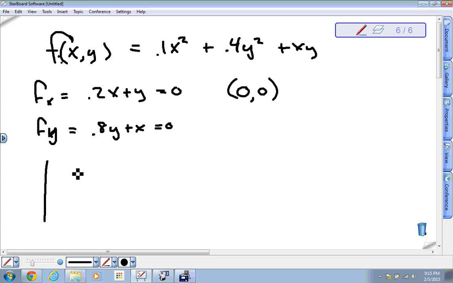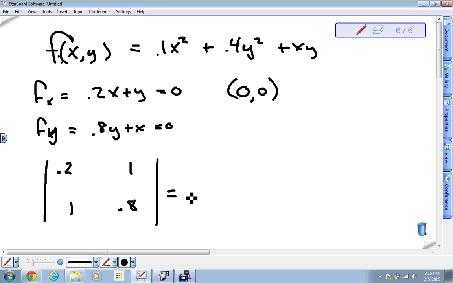So if we're going to set up our determinant, the second derivative here is 0.2. The second derivative here is 0.8. The derivative of this with respect to y rather is 1.